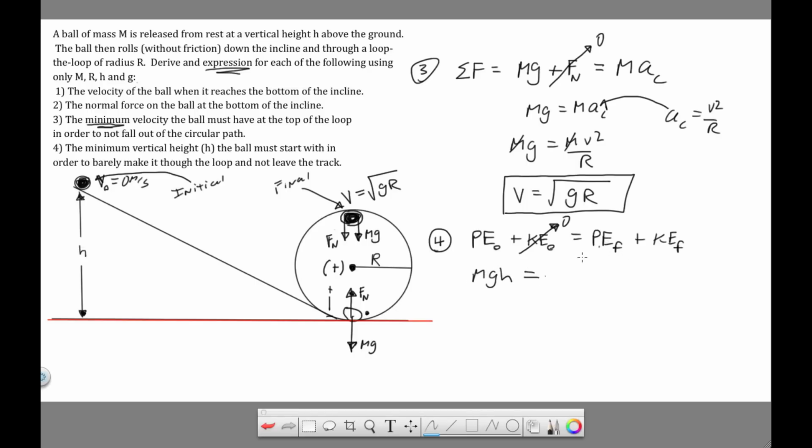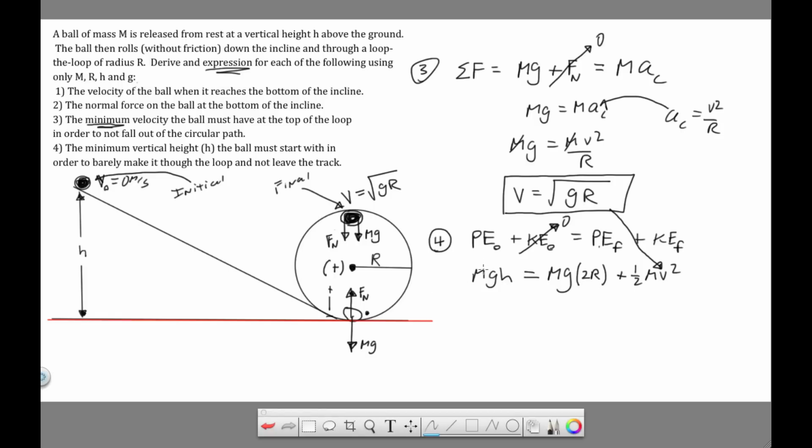Potential energy final is going to be mg times the vertical height, which is double the radius. It's the diameter of the loop, which is 2r. So I'm going to plug that in for h: mg(2r) plus 1/2 mv squared, and this is our velocity that we're going to plug in right there.